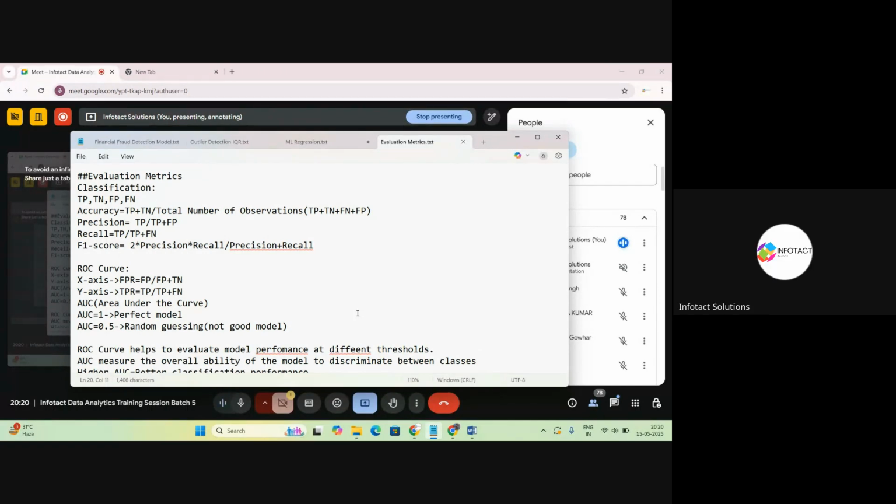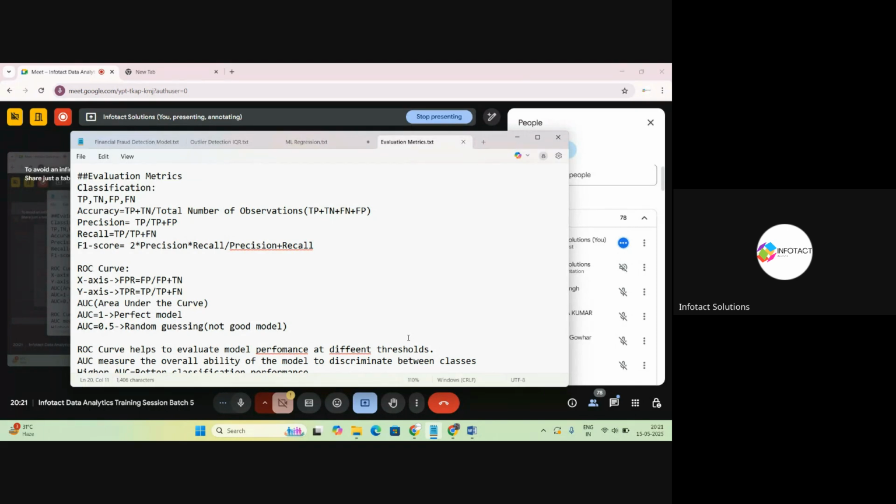So when we were talking, we also discussed this. Then what I mean by the ROC curve in a classification model. The ROC is a graphical representation of a classification model's performance at different thresholds. It helps to evaluate the trade-off between sensitivity and specificity. Sensitivity means the recall.